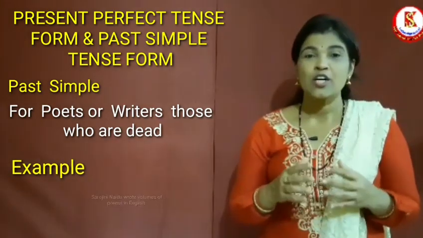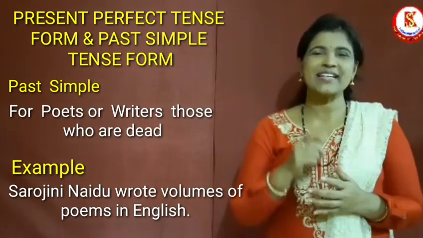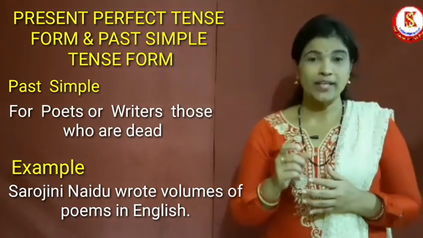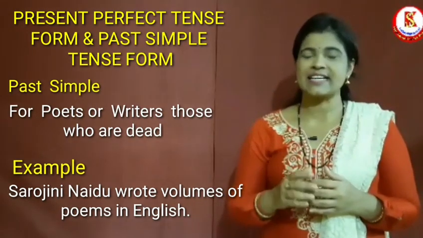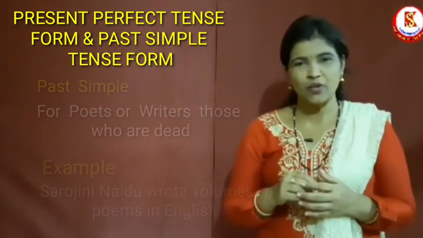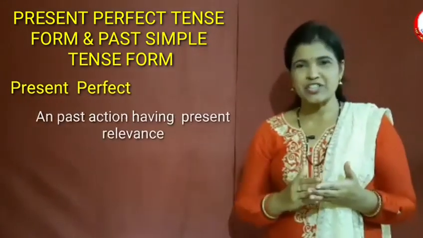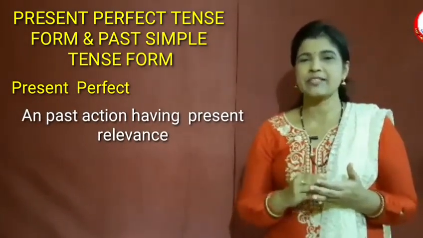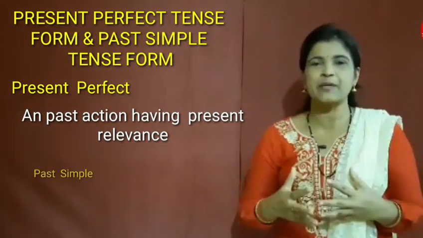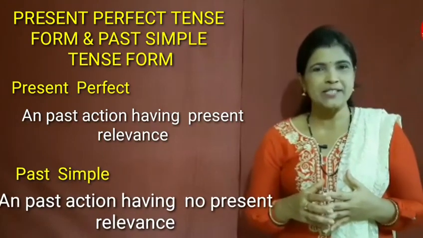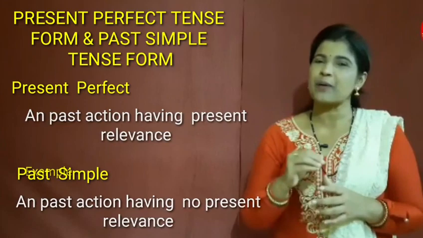For example, Sarojini Naidu wrote volumes of poems in English. Here the poet is dead, so we have to use past simple instead of present perfect. Okay, so is it clear? The next is the same activity that happened in past but has some relevance with present. Then we have to use present perfect, and if it has no relevance, then we have to use past simple.